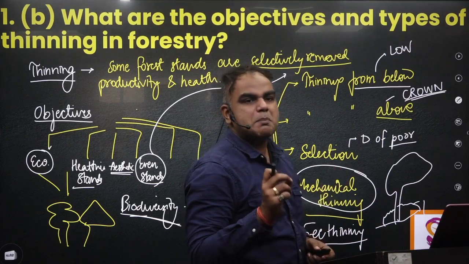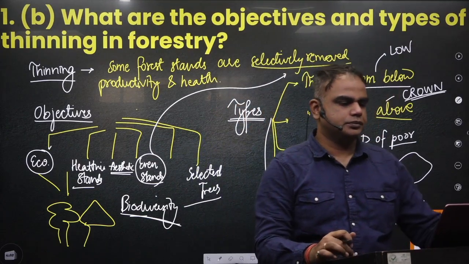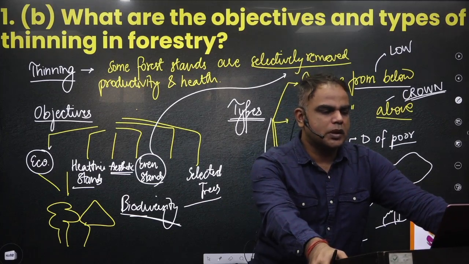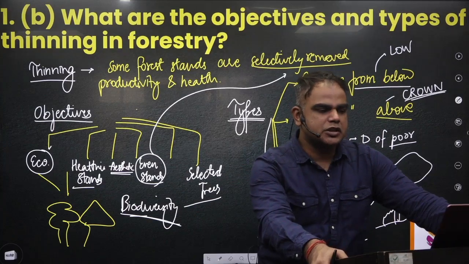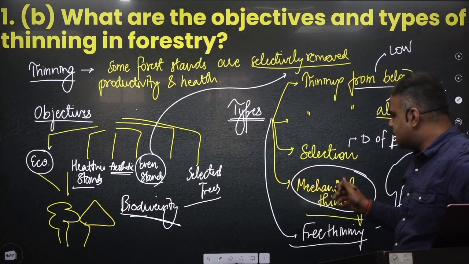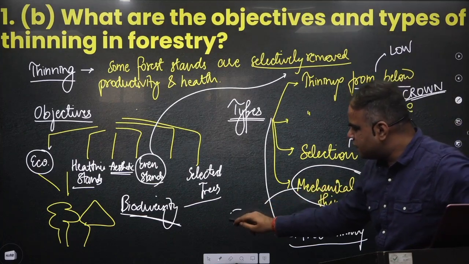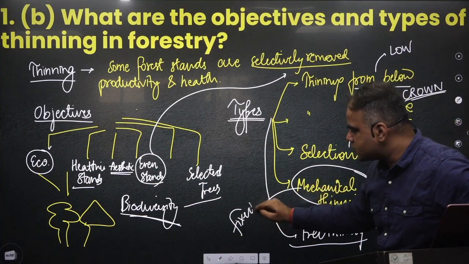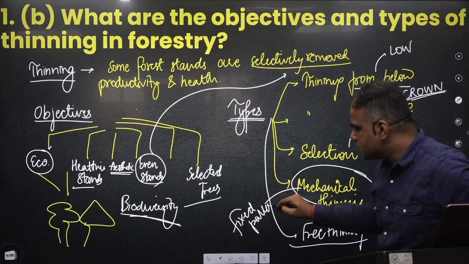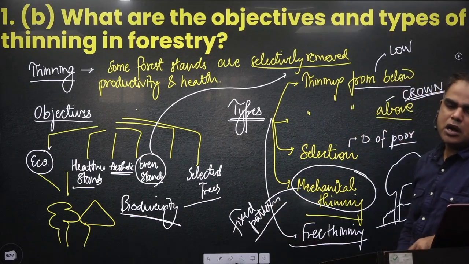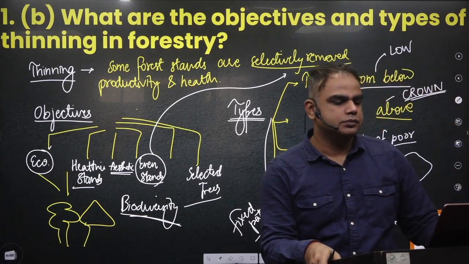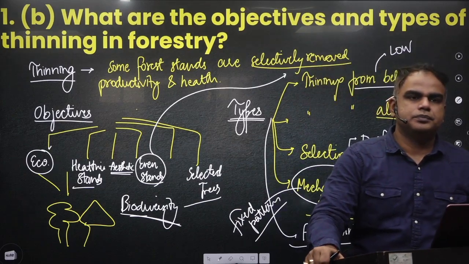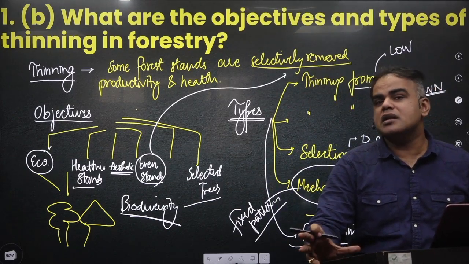Then we have something known as mechanical thinning. In mechanical thinning, the trees are removed according to a fixed pattern. It's a mechanical exercise, so there is no selection criteria as such.